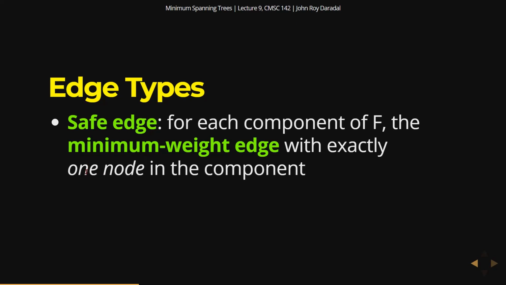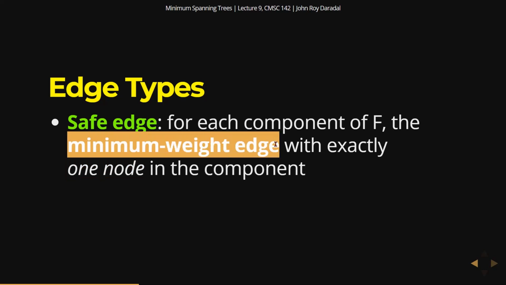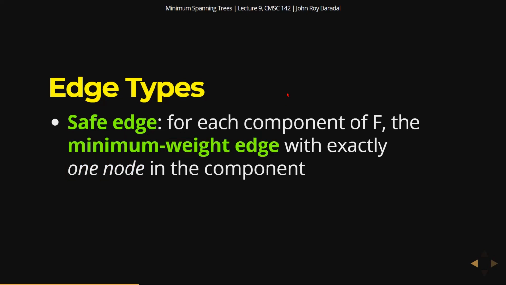So maybe one node belongs to component A and the other one belongs to component B. But of course there would be multiple edges that belong to different components. Which edge should you choose? It should be the minimum weight edge, because we're aiming for the minimum total cost of the edges, right? So the minimum weight edge with exactly one node in the component would be your safe edge.